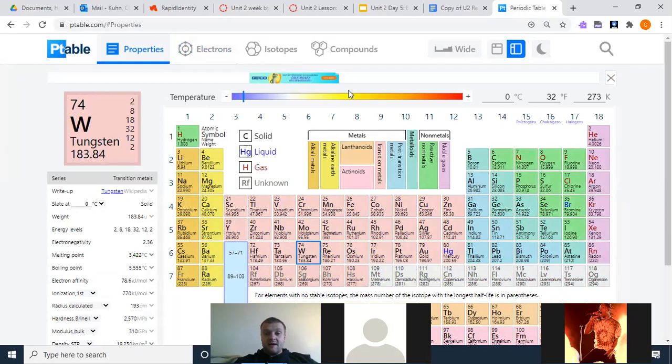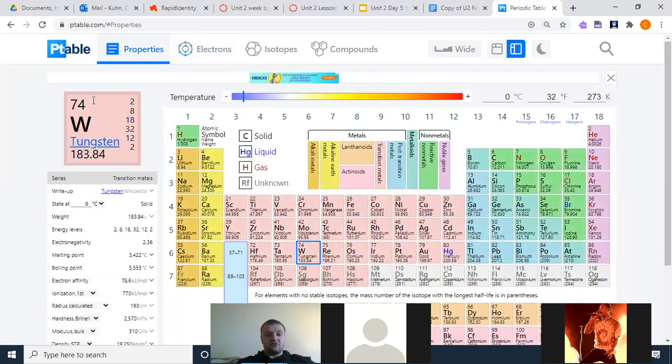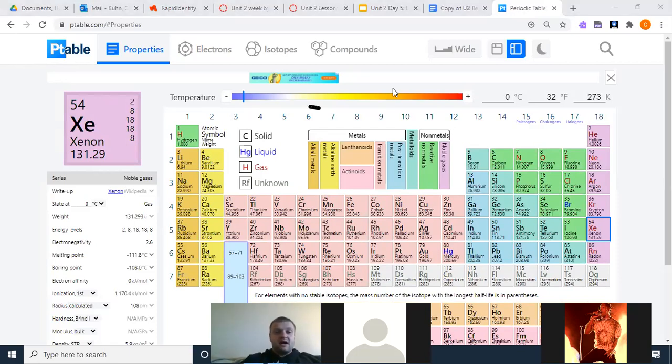So the first step is you have to find what noble gas comes before tungsten. Tungsten has 74 electrons. So radon wouldn't work. It has more than the electrons that you need. You would have to use xenon.